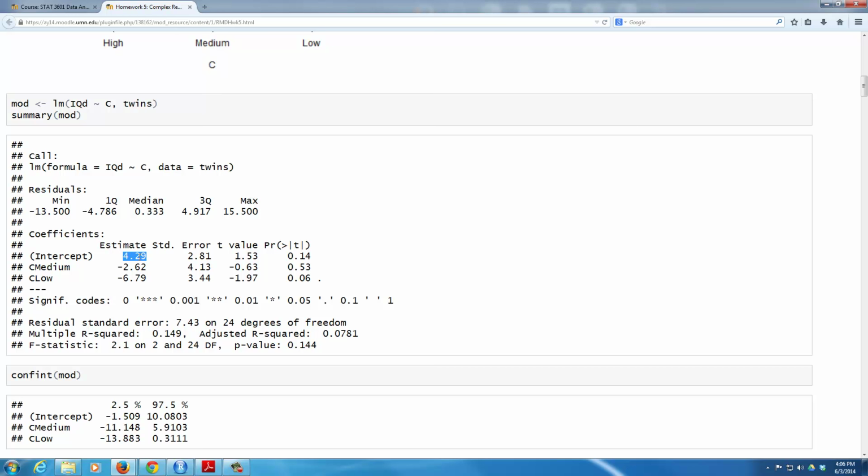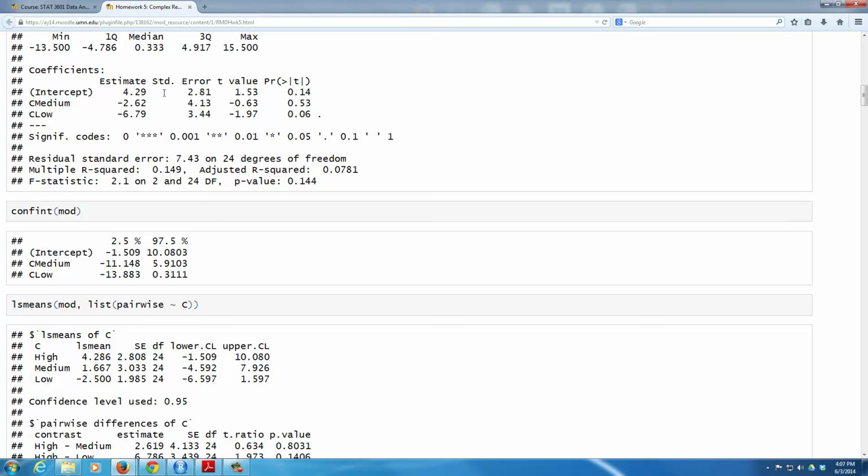So the 4.29 plus the negative 2.62 gives you the estimated IQ difference for medium social status. In other words, this is the difference between medium minus high social status. And this difference is the difference between the average IQ difference for low social status minus high social status. And so these are differences of medium minus high and low minus high IQ differences.